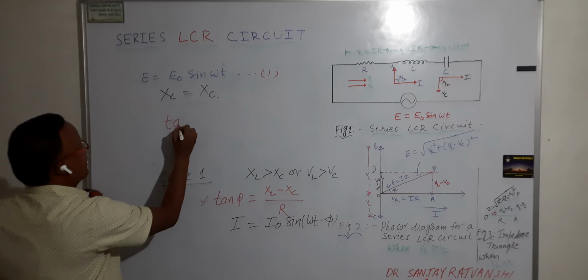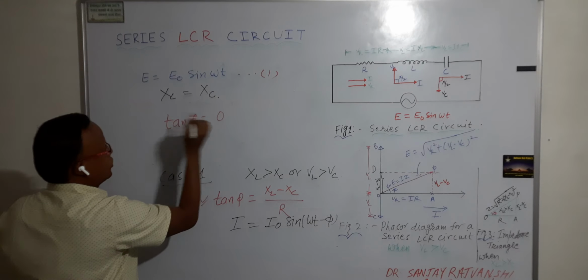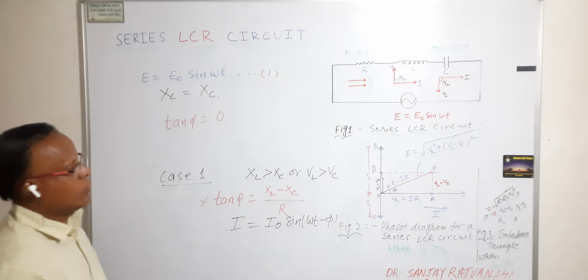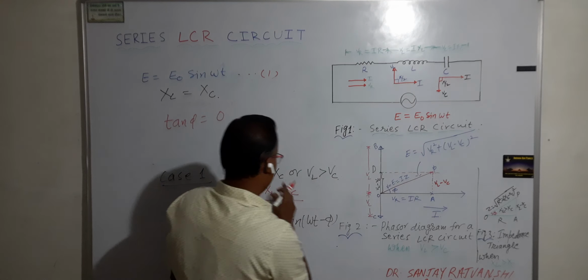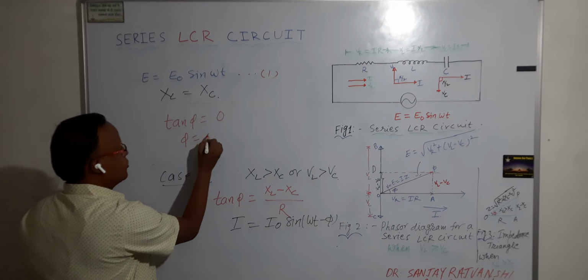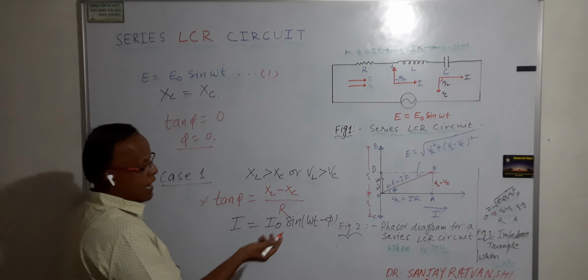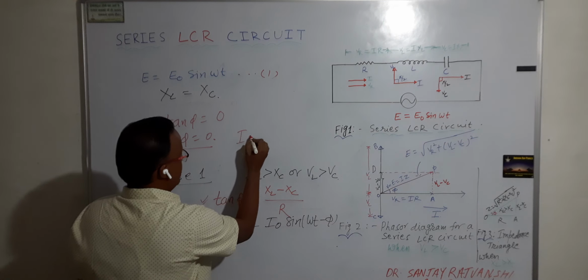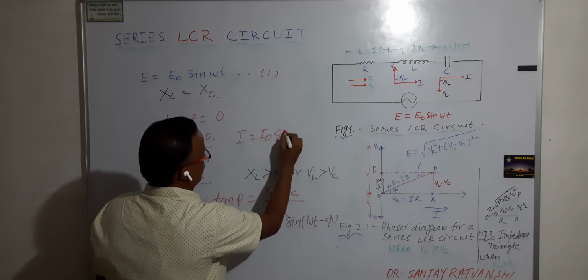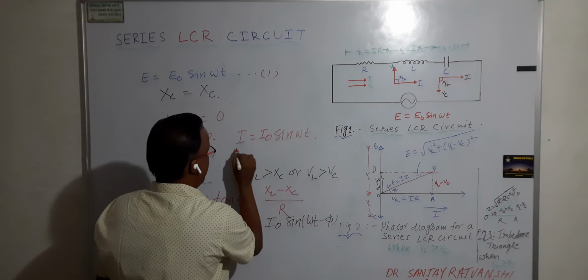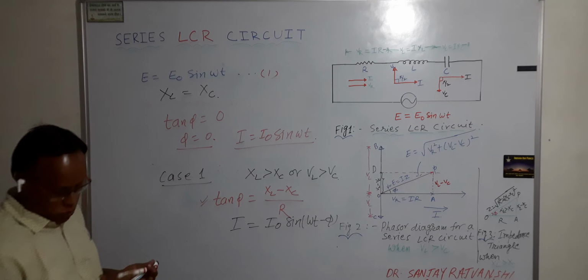So tan phi comes out 0, its value is 0, so phi is equal to 0. In this case, I and R are in the same phase, so I is equal to I0 sin omega t. This is your case 2.